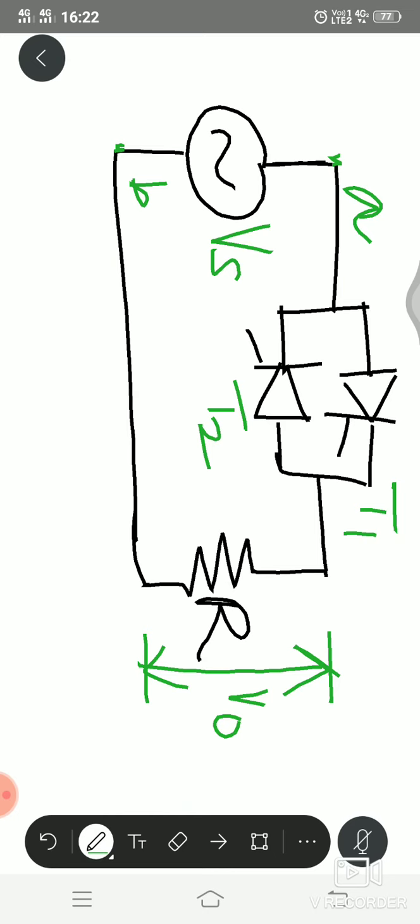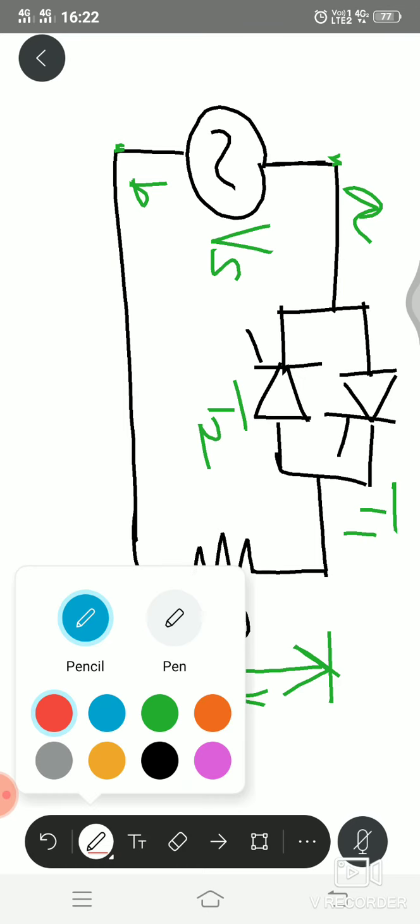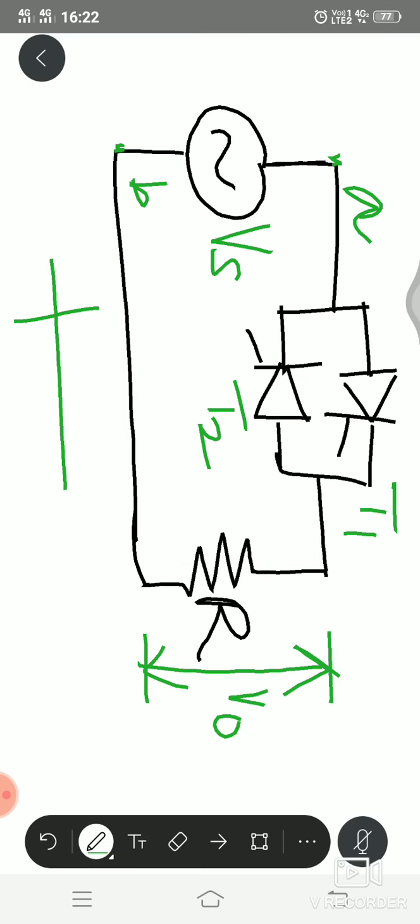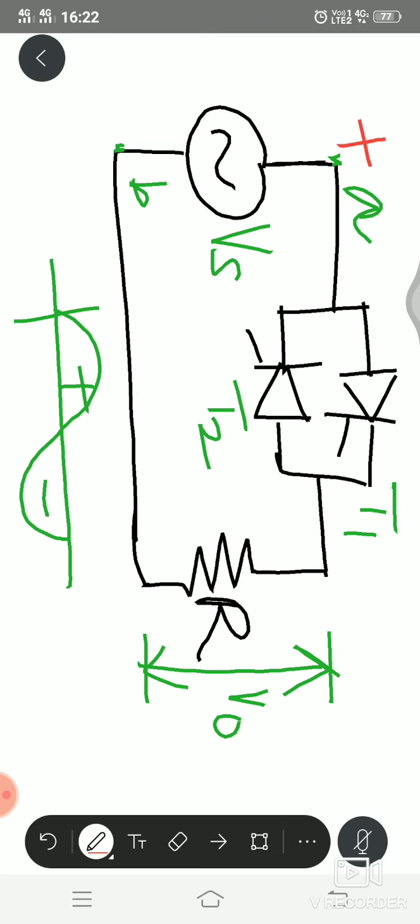So during positive half, just now we have discussed the same thing. During positive half, A point is more positive than point B. So T1 is getting forward biased, T2 is reverse biased.